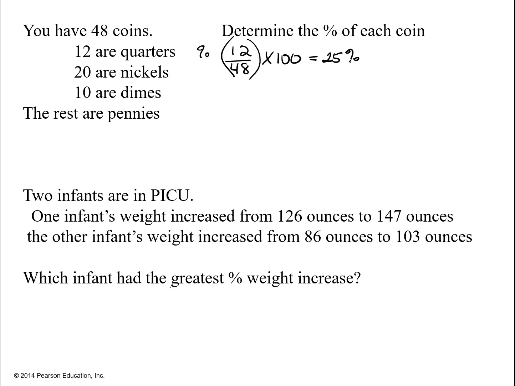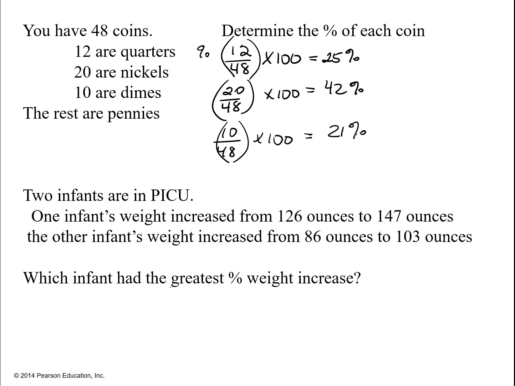So 20 are nickels, and you do the exact same thing: 20 divided by 48 times 100 comes out as about 42%. The dimes, 10 divided by 48 times 100, comes out at about 21%. So those are the quarters, the nickels, and the dimes.